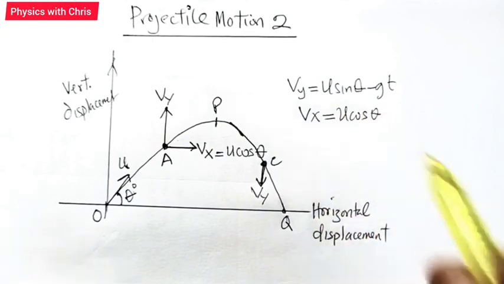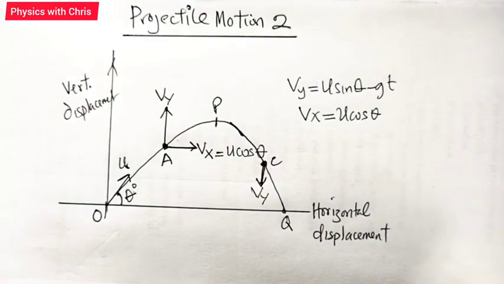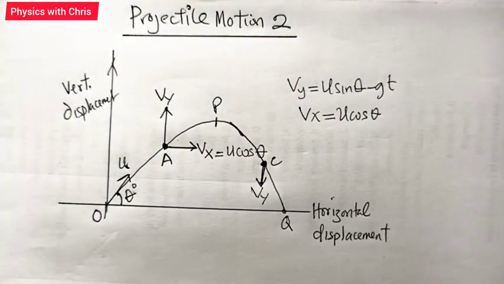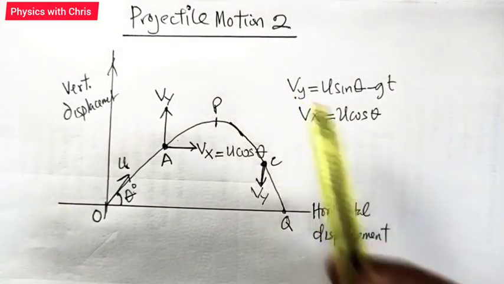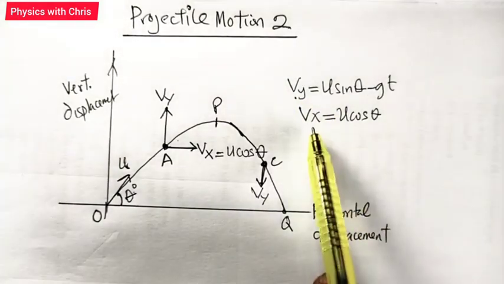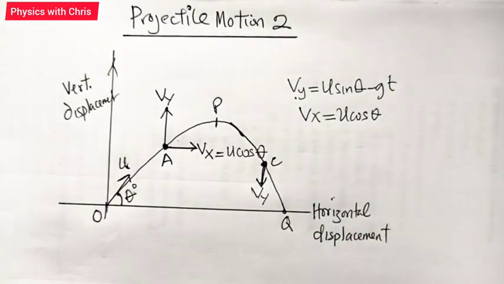In an exam situation, how do we use these two equations? The question will say a body is projected at an angle, let's say 30 degrees to the horizontal. Calculate the projectile's vertical velocity some time t seconds later, maybe 1 second later, maybe 1.5 seconds later, or determine its horizontal velocity 1.5 seconds later.